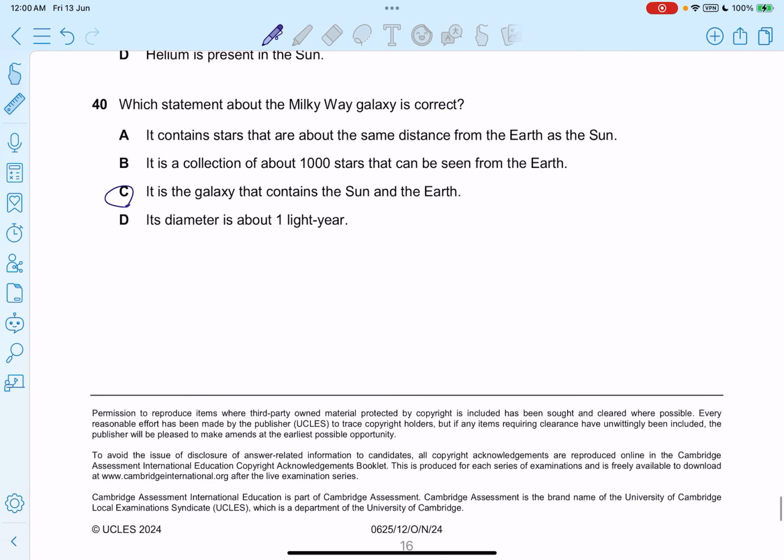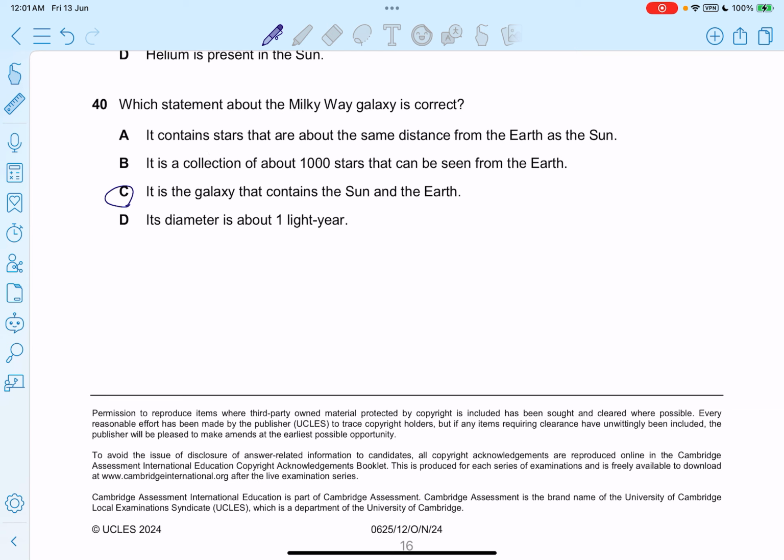40. Which statement about the Milky Way galaxy is correct? A. It contains stars that are about the same distance from the Earth as the sun. That's not sure. We can't say. B. It is a collection of about 1,000 stars that can be seen from Earth. That's also wrong because the Milky Way galaxy contains many stars, many planets, asteroids, everything. So B is also wrong.